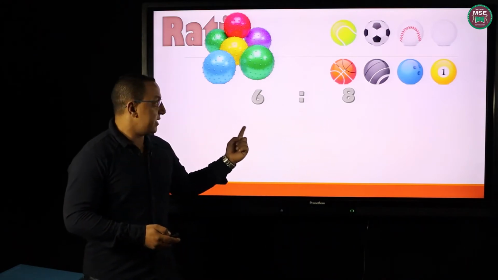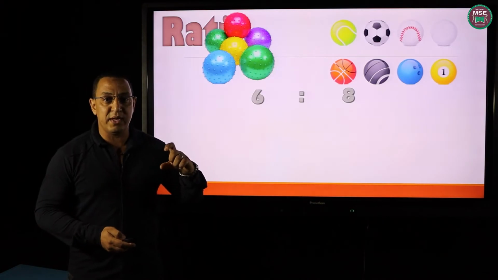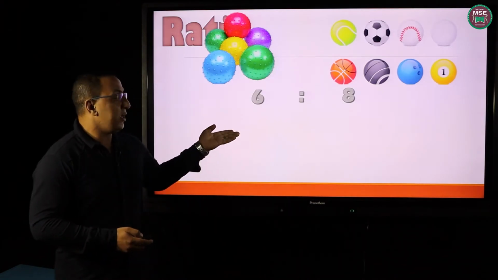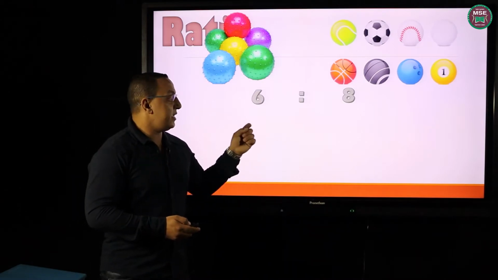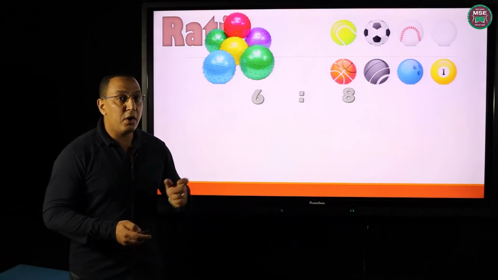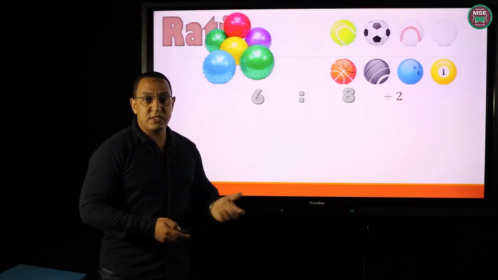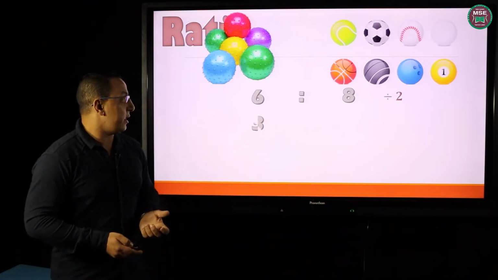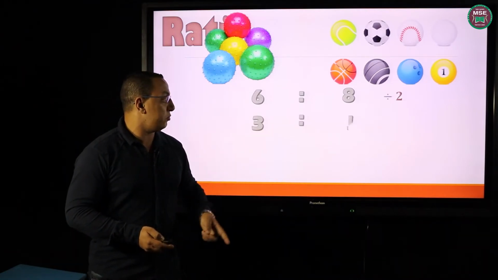Read as 6 to 8. To simplify this, we are going to put this ratio in the simplest form by dividing both 6 and 8 by 2, because they are even numbers, both divisible by 2. The ratio will be like this, 6 divided by 2 equals 3, and 8 divided by 2 equals 4.